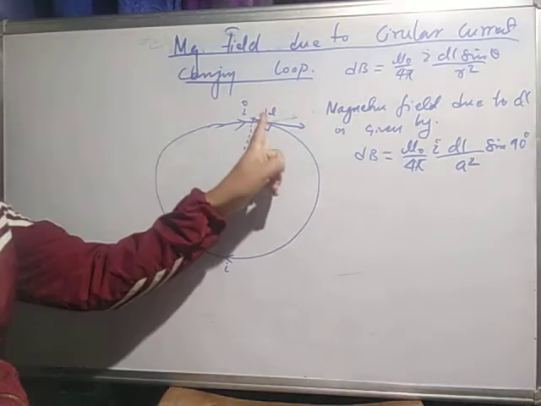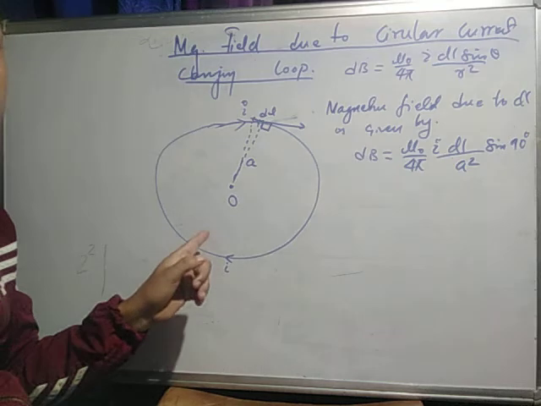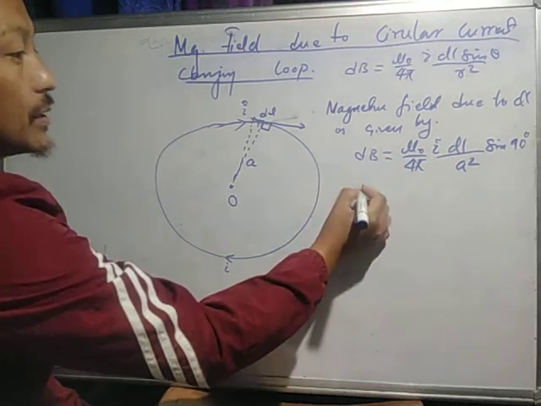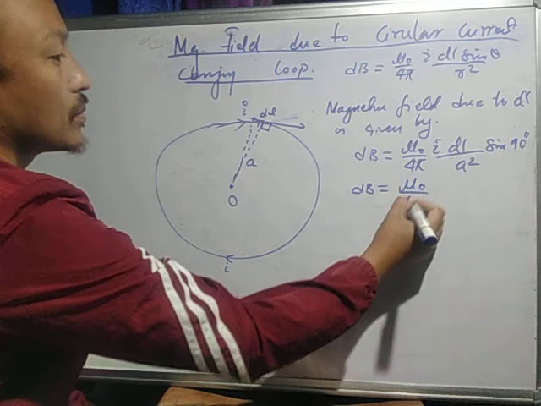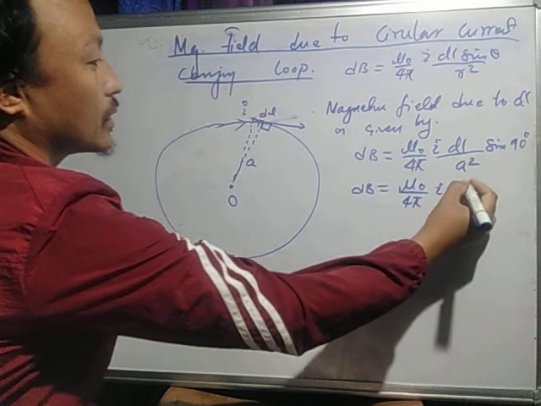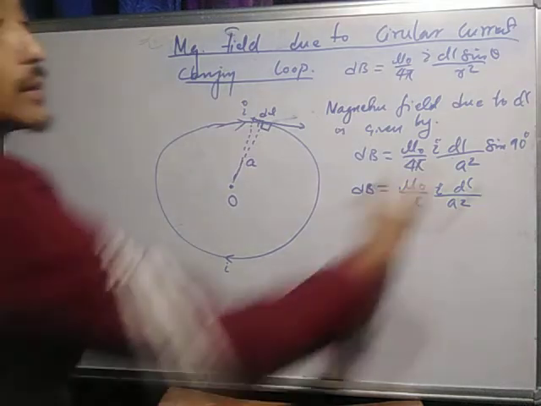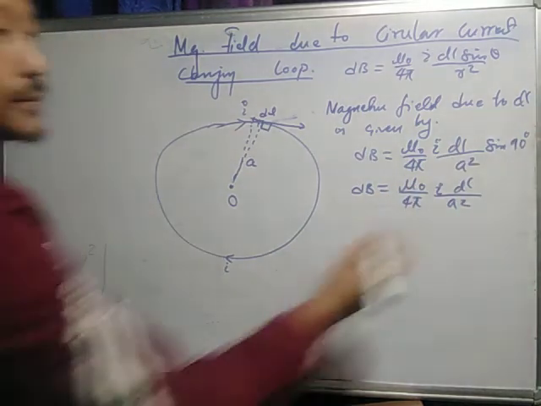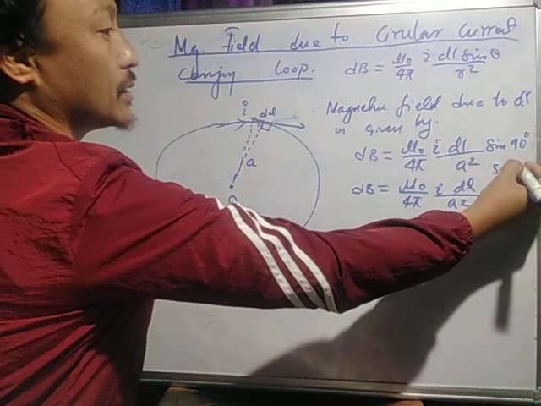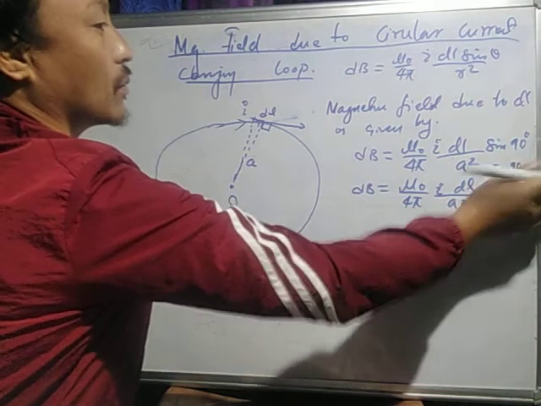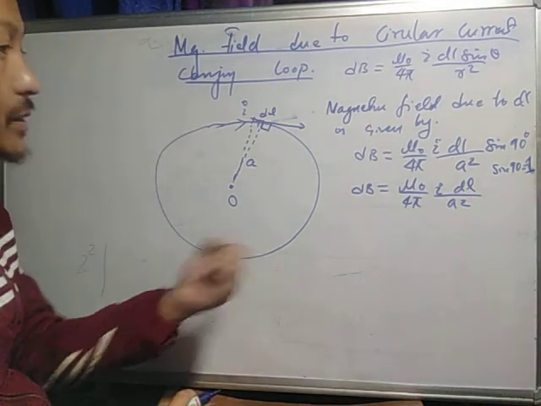This is your angle between the vector and this r. So dB equals to mu naught by 4 pi I dl by a square, right? See, because sine 90 equals to 1. Yes or no? Sine 90 equals to 1. So hope you understood this much, isn't it?